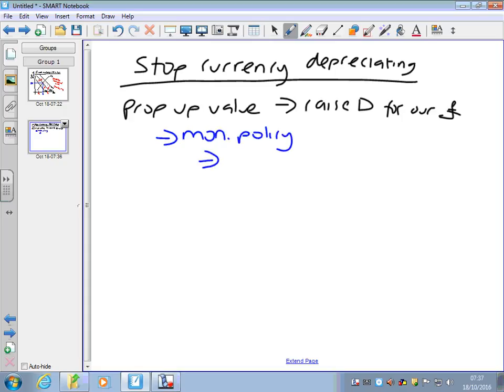Now, under a fixed exchange rate system, what you would do is say to the Bank of England in this case, inflation is no longer your concern. Your concern is with maintaining the fixed exchange rate. So to prop up the value, we've got to get people demanding more pounds from across the world again. They can do this by raising interest rates.